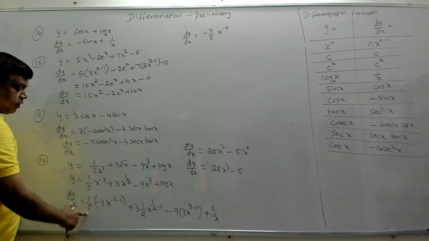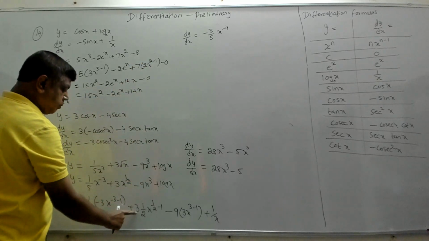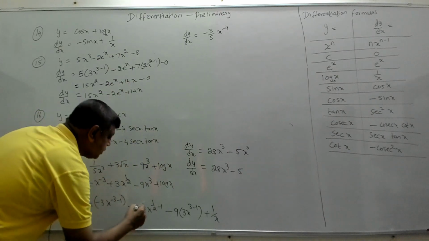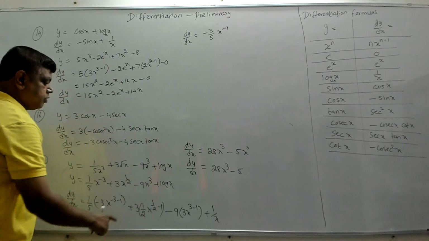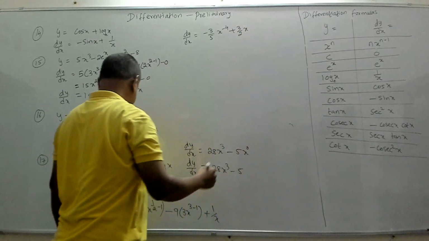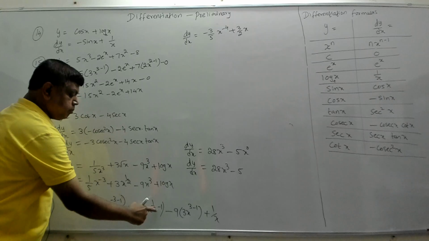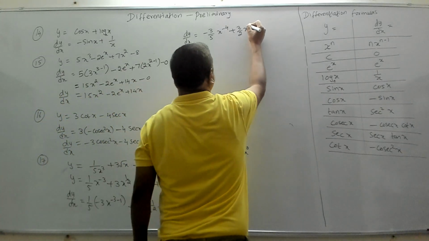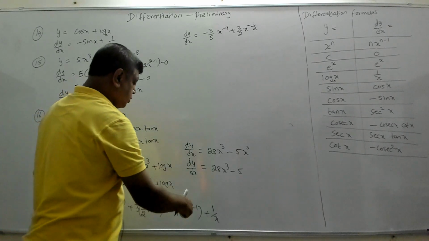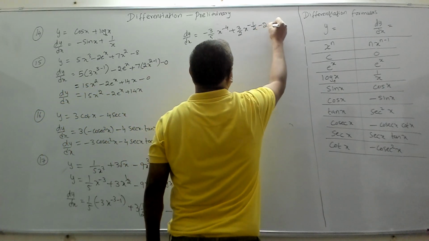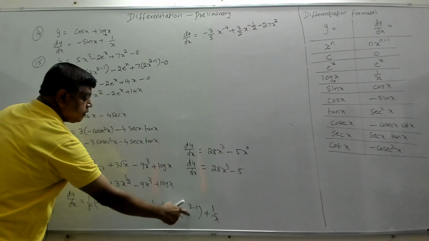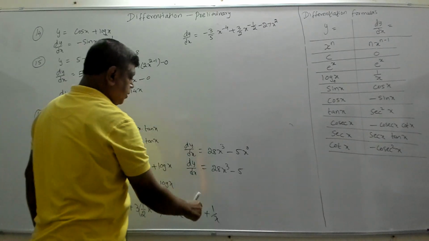Then this will become 3 into 1 by 2, which is 3 by 2, plus 3 by 2 x power 1 by 2 minus 1, which is minus 1 by 2. Minus 9 times 3 is 27, minus 27 x square, because 3 minus 1. So 9 into 3, 27, x power 3 minus 1 is 2, x square, plus 1 by x.